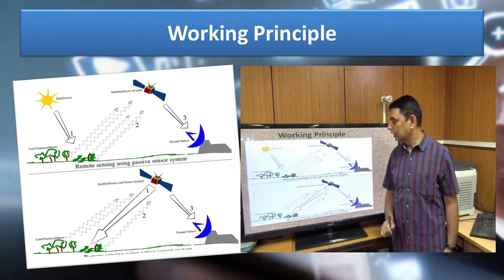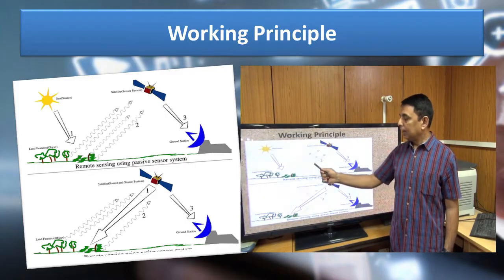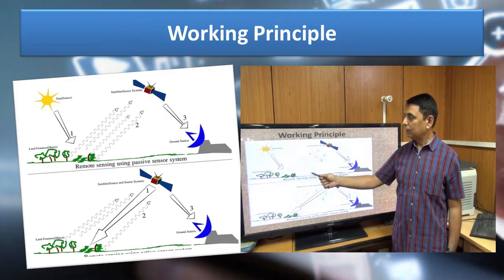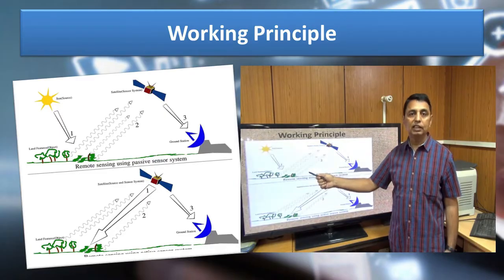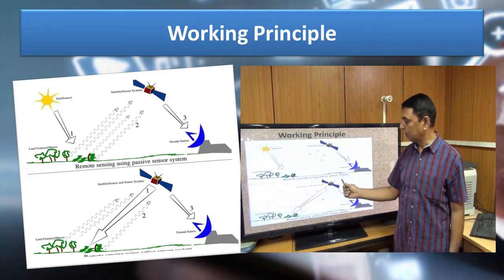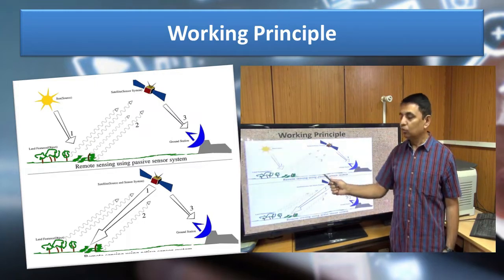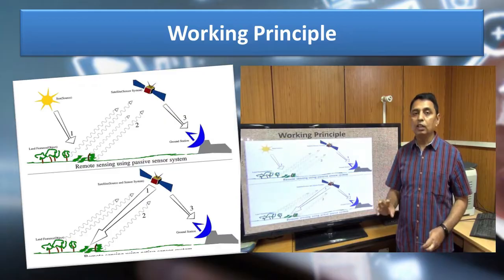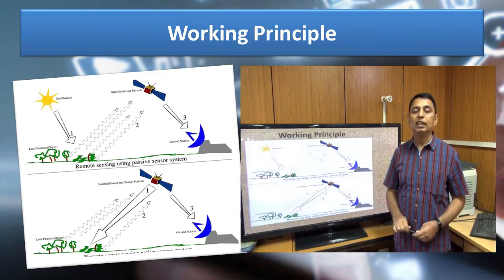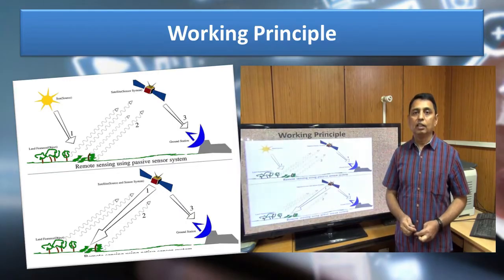Here two things are very important. One, whatever electromagnetic wave is reaching the ground, whether from the sun or from the satellite, that electromagnetic wave is not totally reflected. It depends upon the feature of the ground.